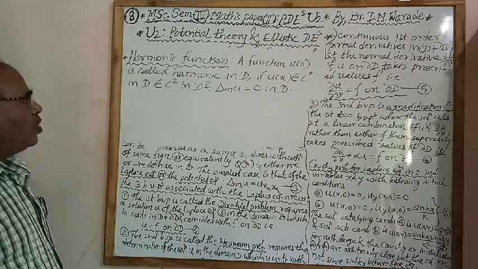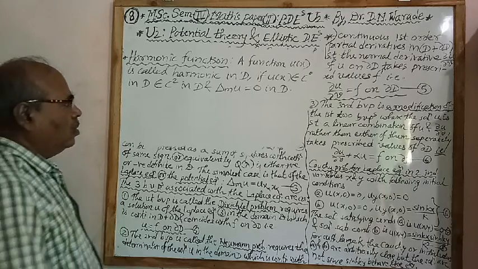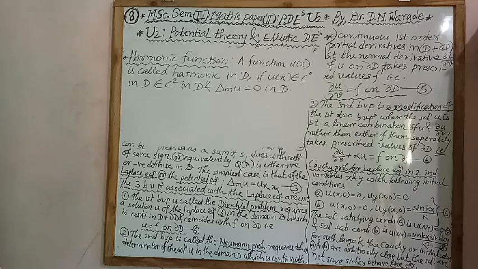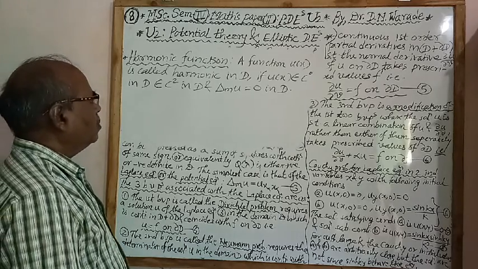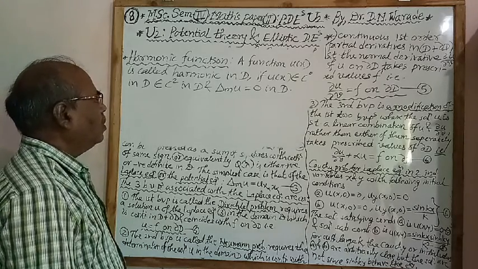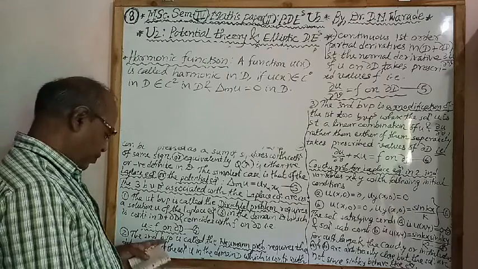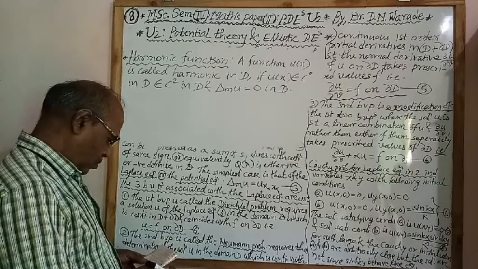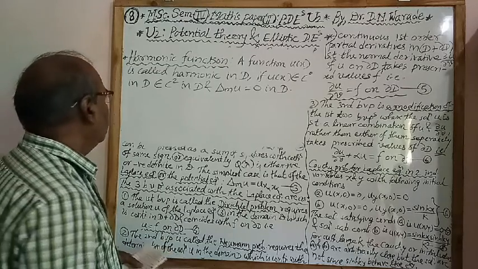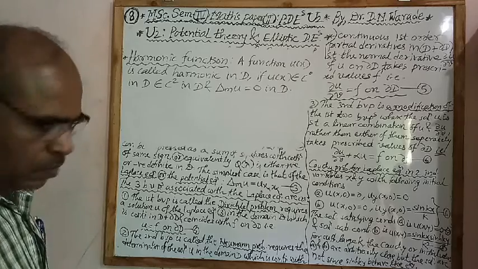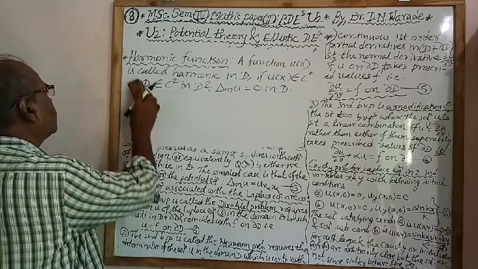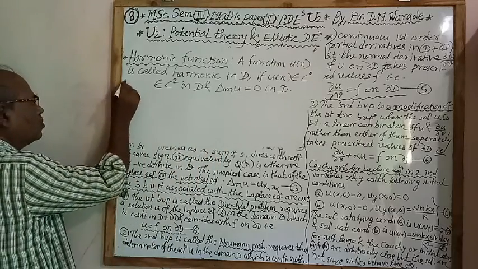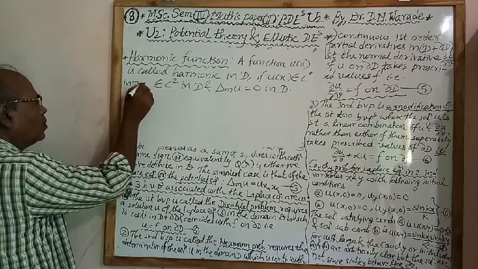Therefore, a function u of x is called harmonic in D if u of x belongs to C0, belongs to C squared, and Δu equal to 0 in D. Here u of x belongs to C0 in D plus ∂D.